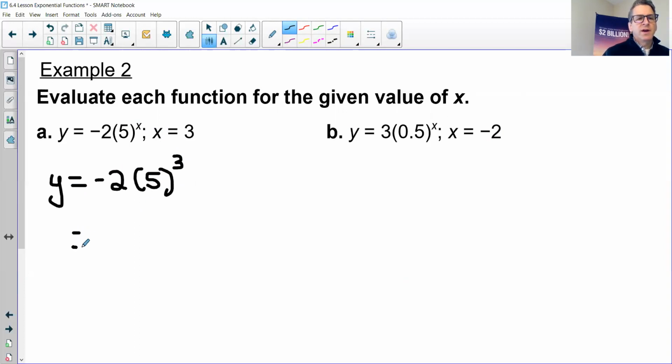This is equal to negative 2 times 125, which equals negative 250.